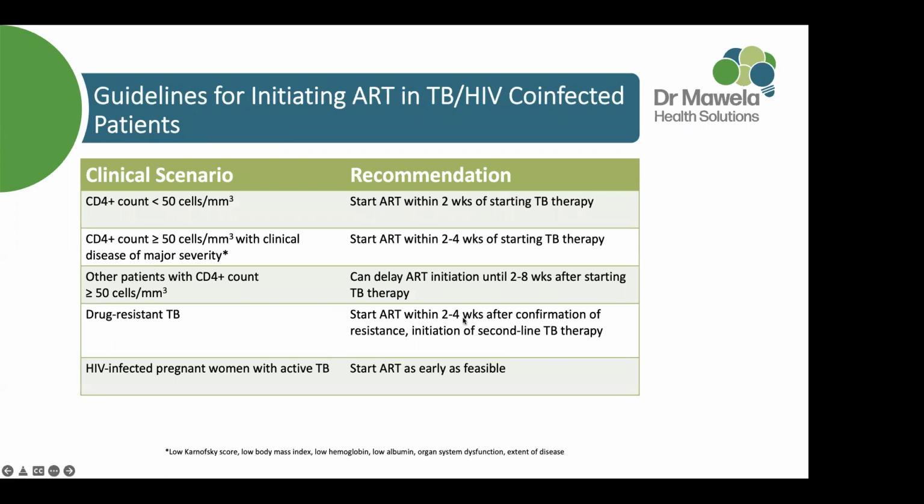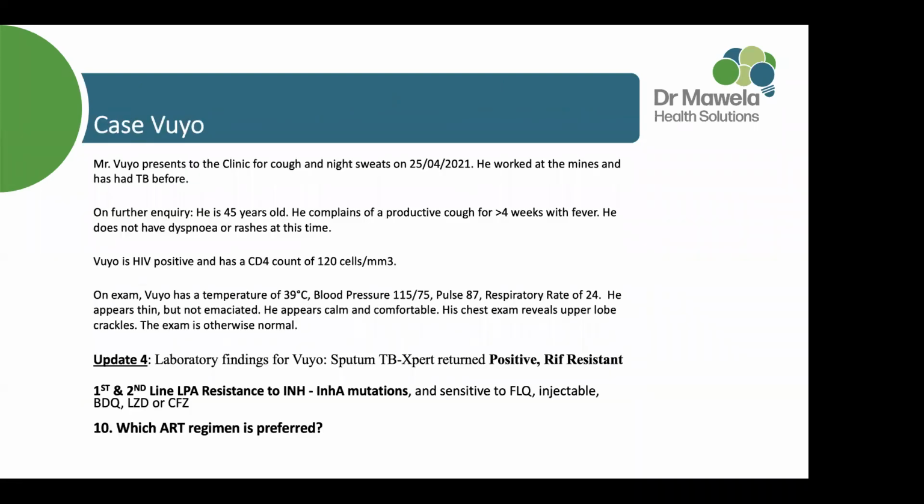But if you are dealing with an immune competent patient, you can treat the TB for at least a month, then start ARVs. And remember, if you start ARVs a month later, you are reducing the risk of this exaggerated inflammatory response that we would have to deal with. But sometimes our patients have very low CD4 counts, and we can't wait even for 2 weeks. So we have to start, but then monitor our patients very closely.